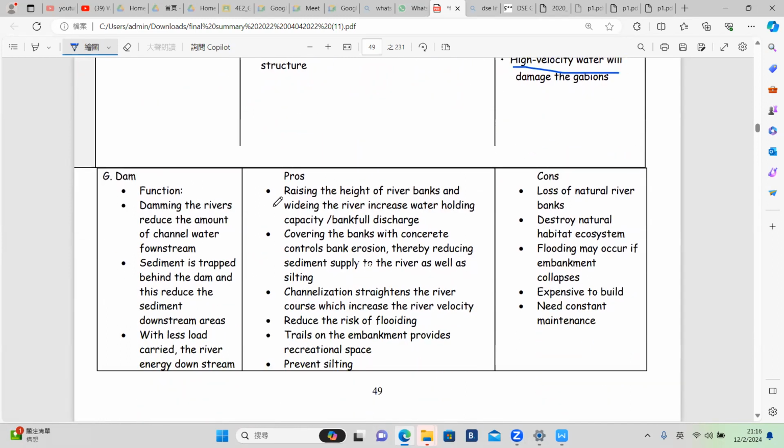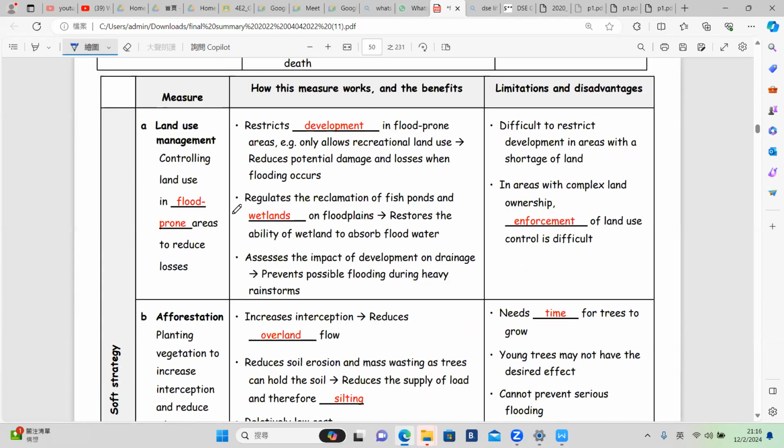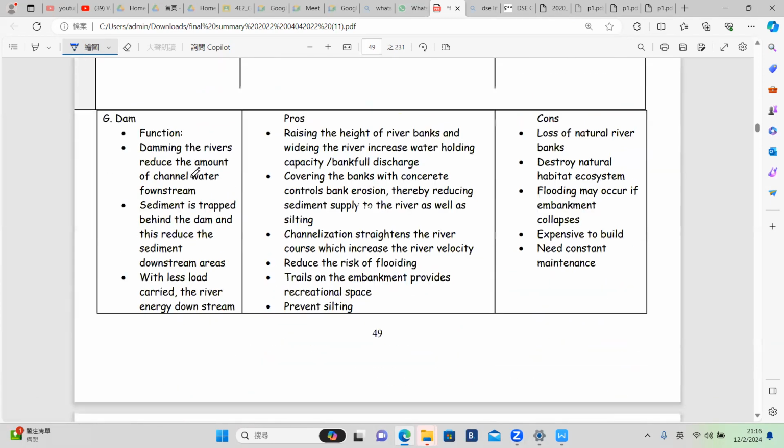Flooding, dam. What is the use of a dam? Again it increases the water holding capacity, after all it's always these points. Then reducing the sediment supply to the river. Then for the areas behind or along with the dam development, you have to do some channelization anyway.